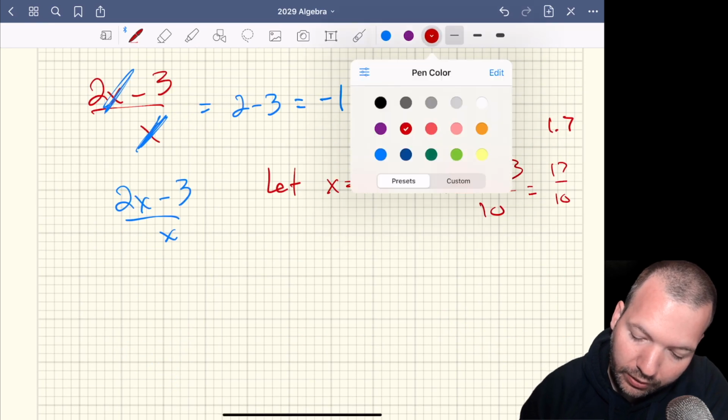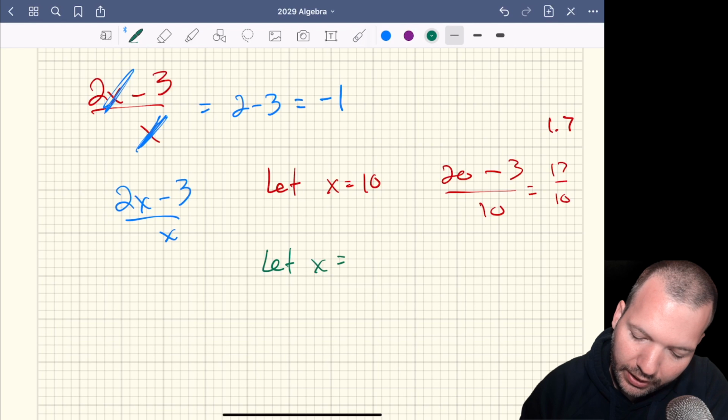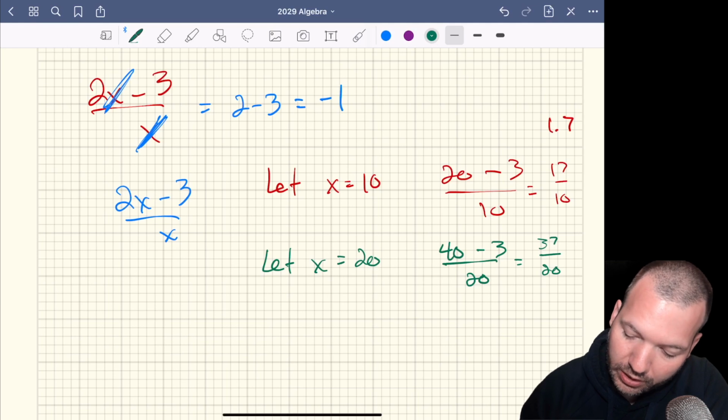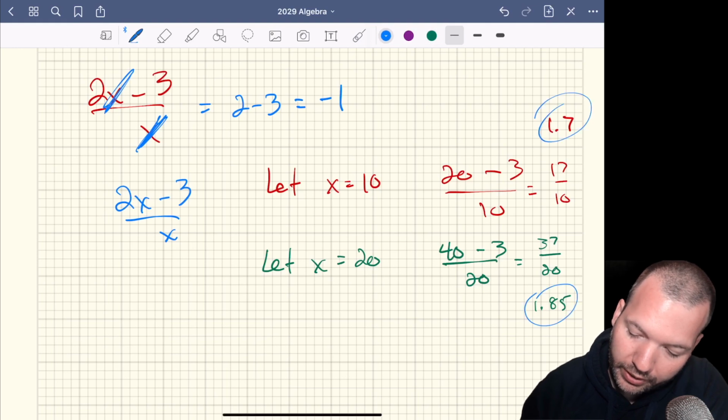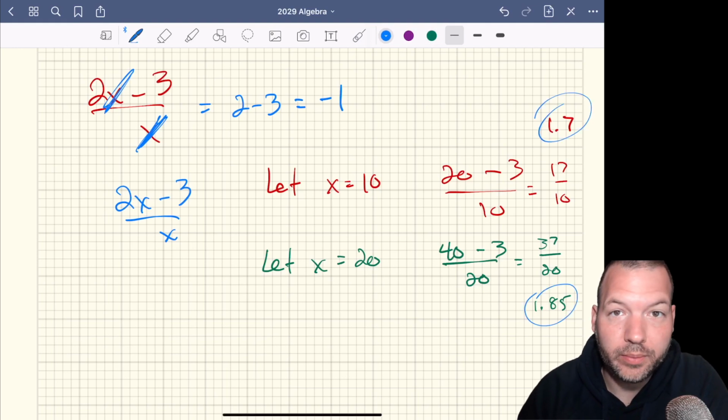But on the other hand, if we said let x equal 20, 2 times 20 is 40 minus 3 over 20 gives us 37 over 20, which would be the same thing as 1.85. And 1.7 and 1.85 are not the same, right?